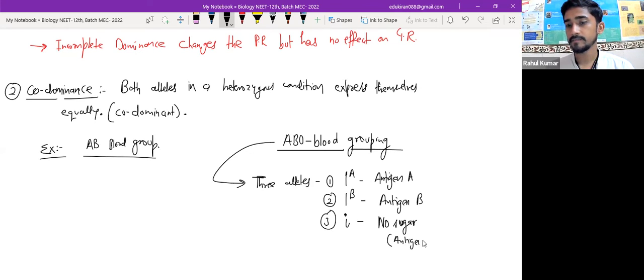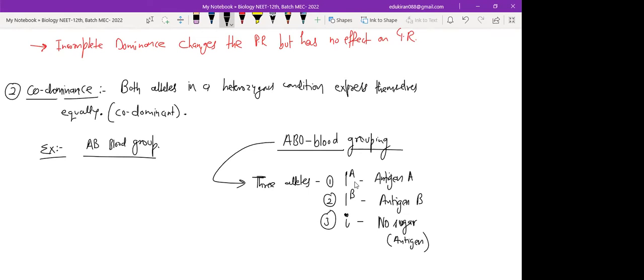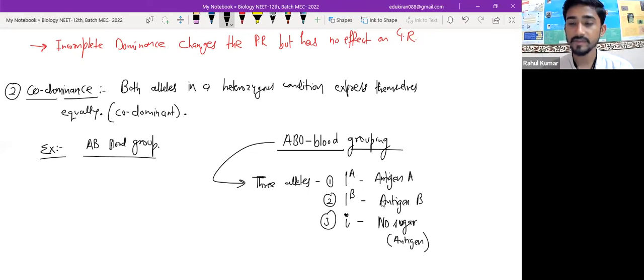Is it clear? So if IA is present, there will be a sugar produced. If IB is present, there will be another sugar produced. They are slightly different, which makes them antigen A and antigen B. If small I allele is present, the third allele, it produces no sugar.